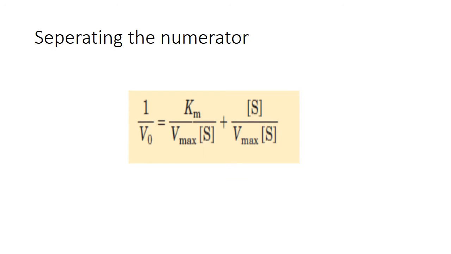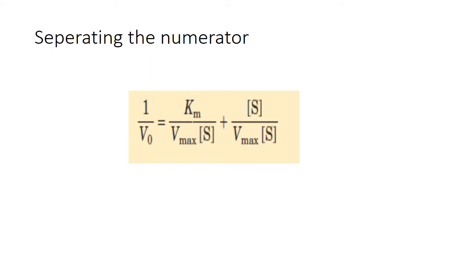The reciprocal of the left hand side has come to 1 upon V0, and on the right hand side the equation was Km S, and the numerator has been separated. So now it becomes Km upon Vmax substrate plus substrate concentration upon Vmax substrate concentration.